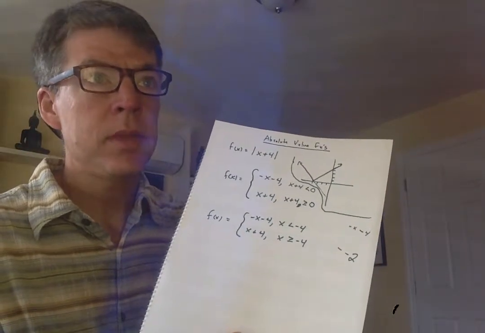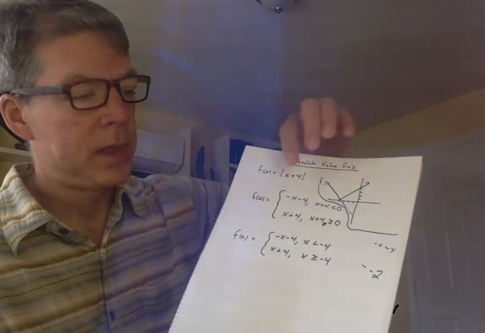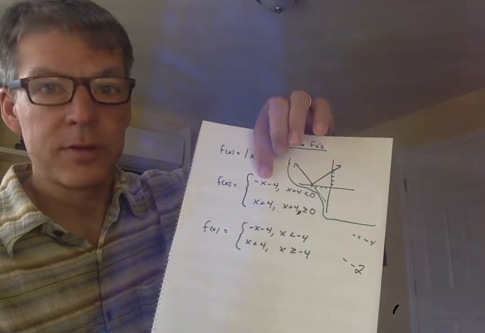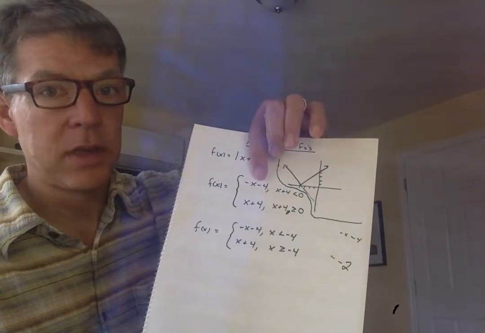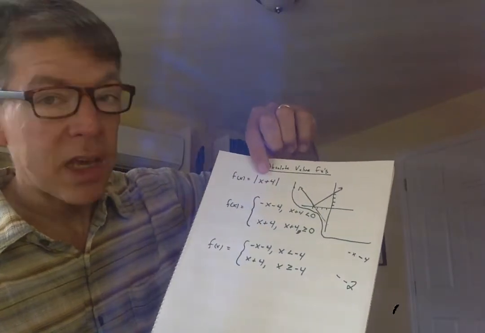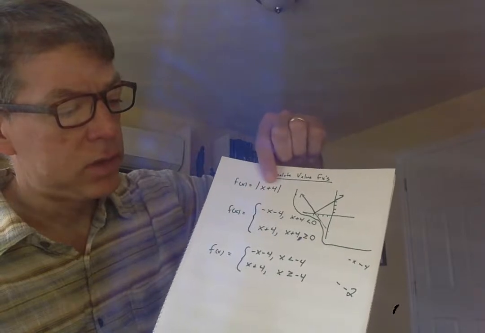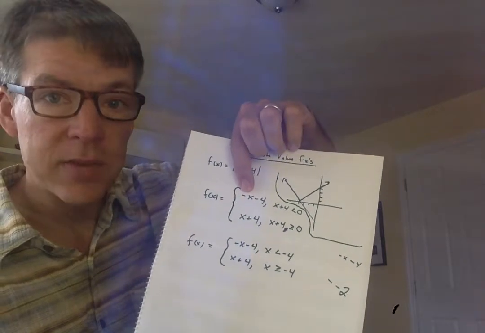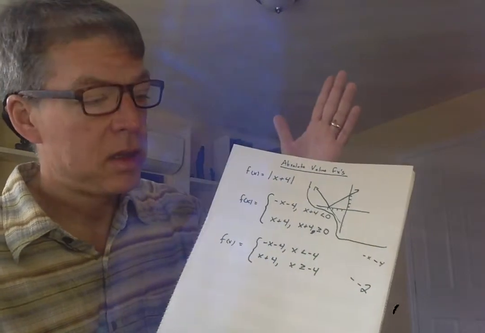The nice thing about that is it makes it easy for us to think about what this function must be when what's in the bars is negative. So can you tell that if you negativize x plus 4, you end up with this, negative x minus 4? That's all I did.